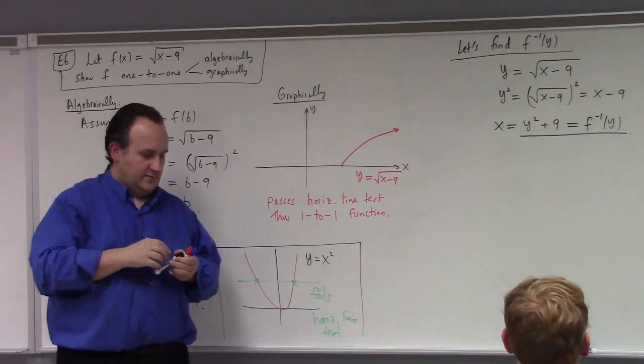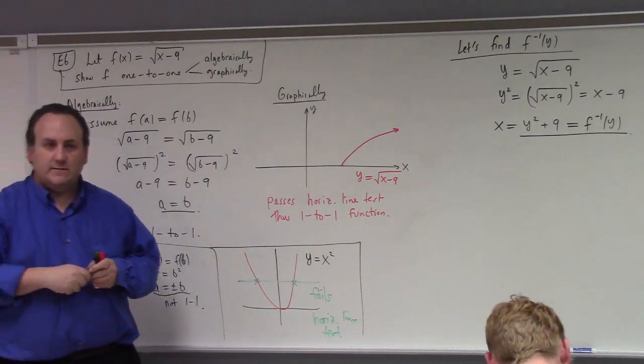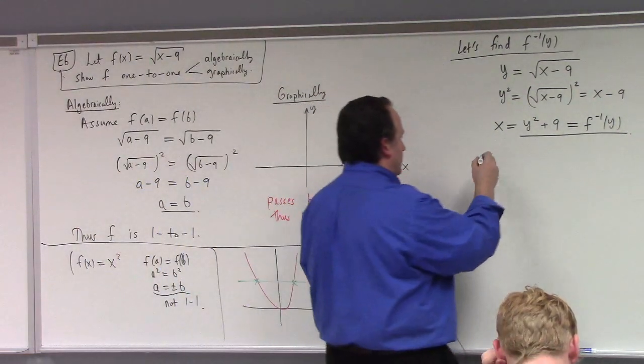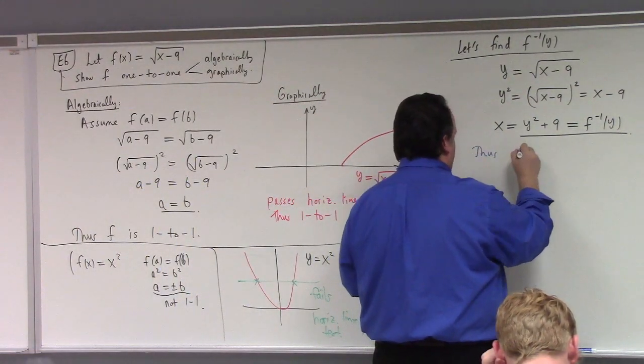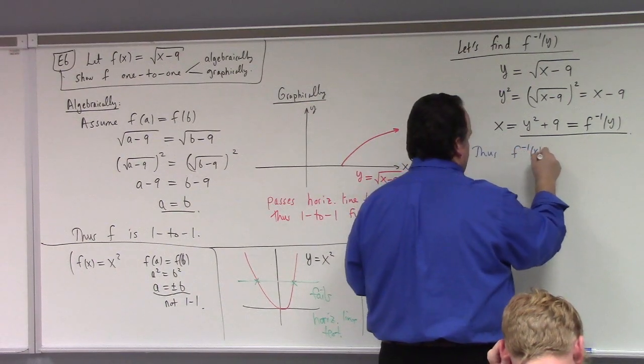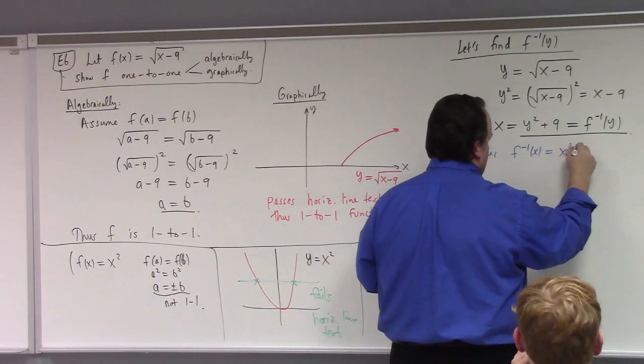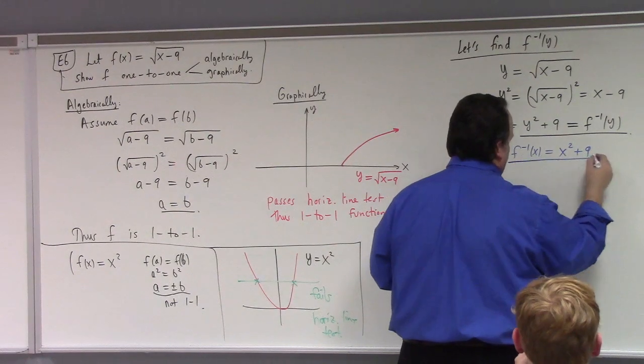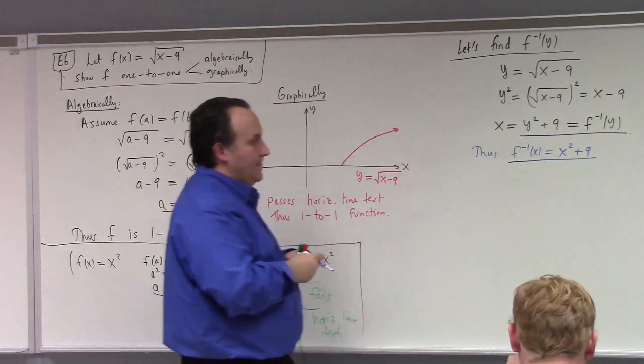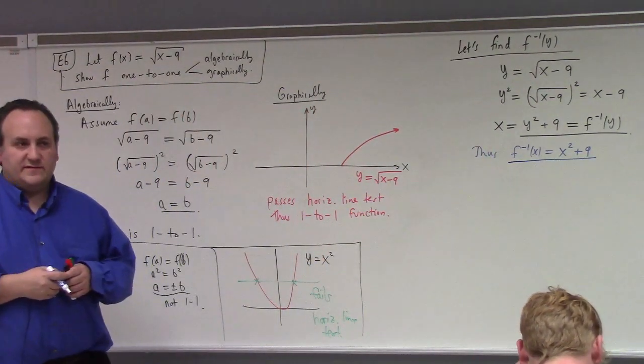Now let me rewrite the formula in x, okay? So thus, f inverse of x is equal to x squared plus 9, right? Now let's do some thinking.